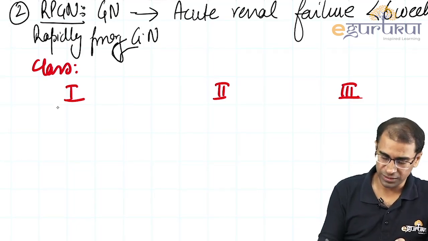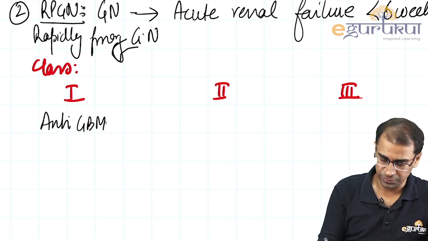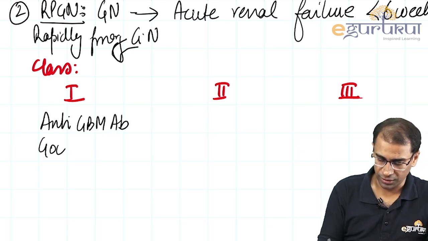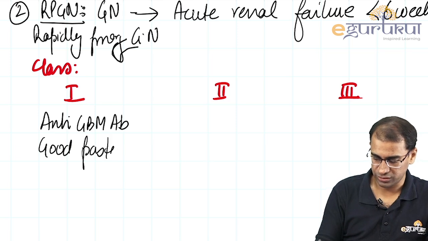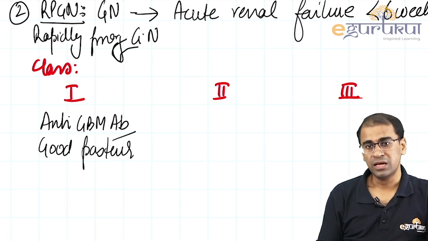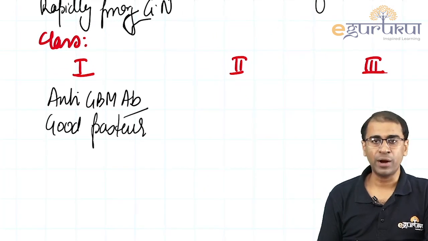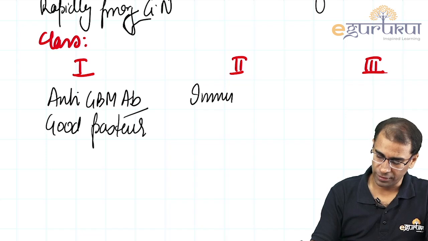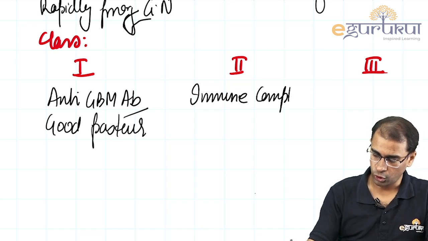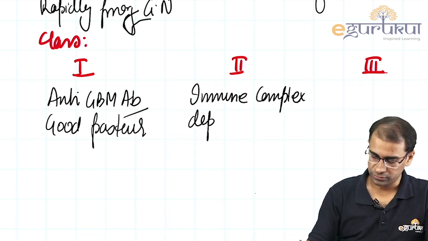RPGN 1 includes the anti-GBM antibody disease, called Goodpasture syndrome. Type 2 RPGN is the immune complex deposition type.